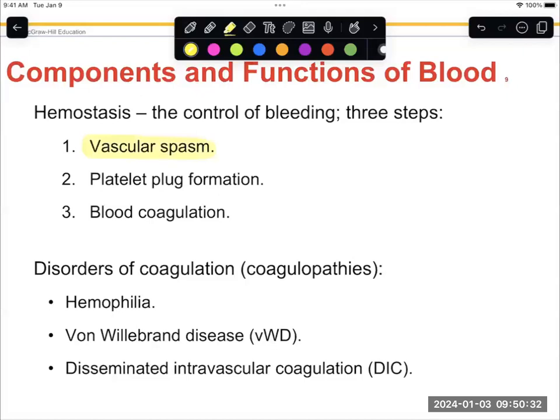They spasm closed, contracting and holding a contraction to try to prevent more blood from leaving that blood vessel. We're also going to attract more platelets to the area, and by attracting more platelets to the area, it allows this platelet plug to form.